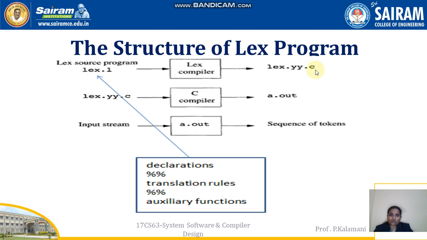So now lex.yy.c contains the converted Lex code in C format and the other C statements. Together they should be given to the C compiler. The C compiler will convert it into a.out. For that we give an input stream. We are going to get a sequence of tokens as output, because we know that the Lexical Analyser output is a sequence of tokens. So the tokens are provided as output.